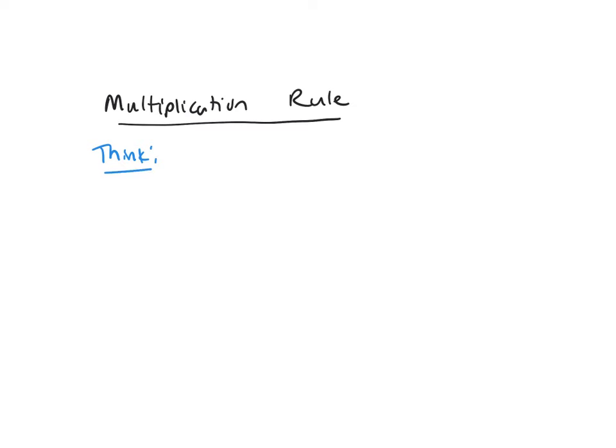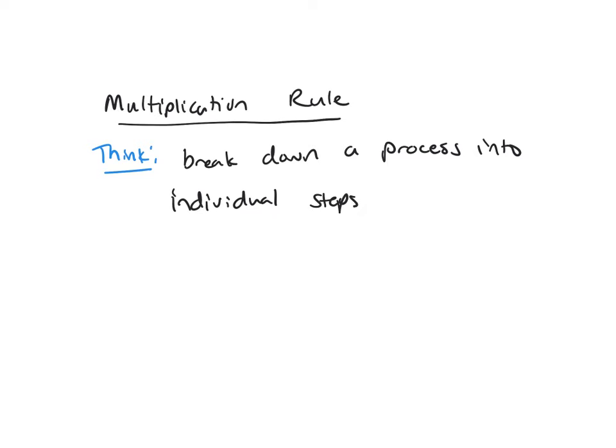So now we're going to continue our discussion of probability and counting, and in particular we're going to talk about the multiplication rule. What you should do in this section is break down a process into individual steps.